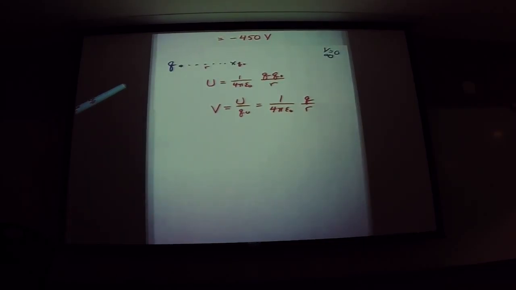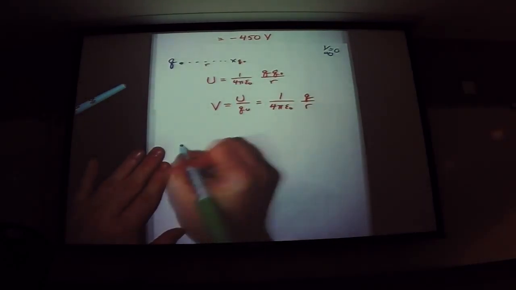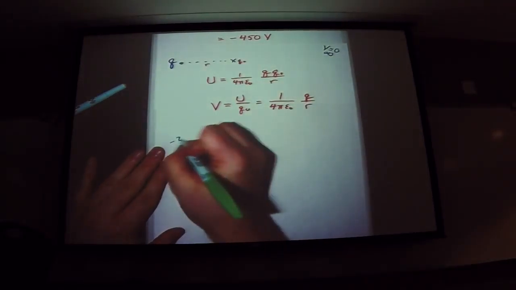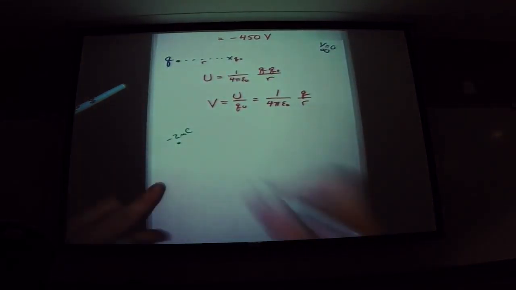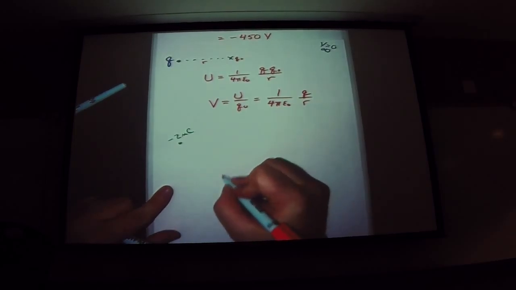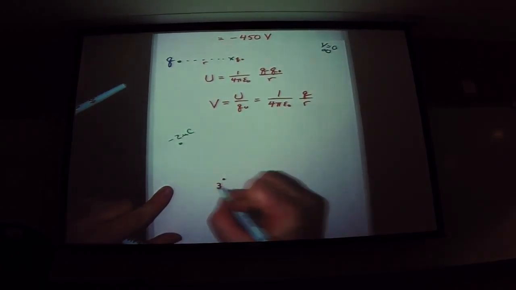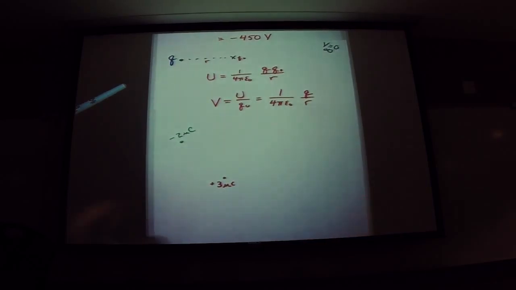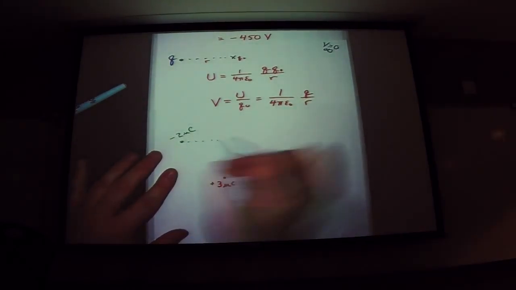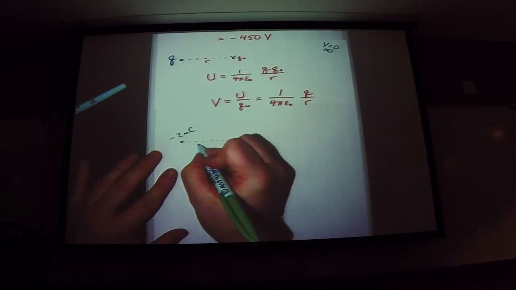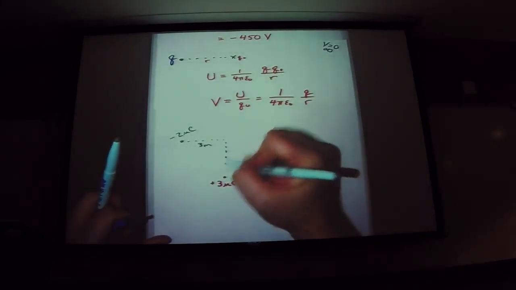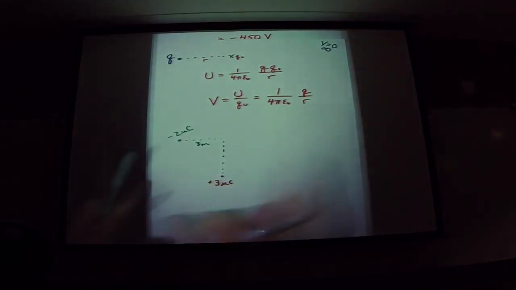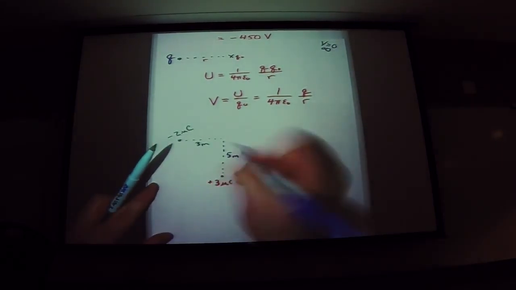Now, the cool thing in terms of calculating voltages: let's say that I have a -2 microcoulomb charge here, and I have a +3 microcoulomb charge down here. This one is 3 meters away from a point, and this one is 5 meters away from that point.